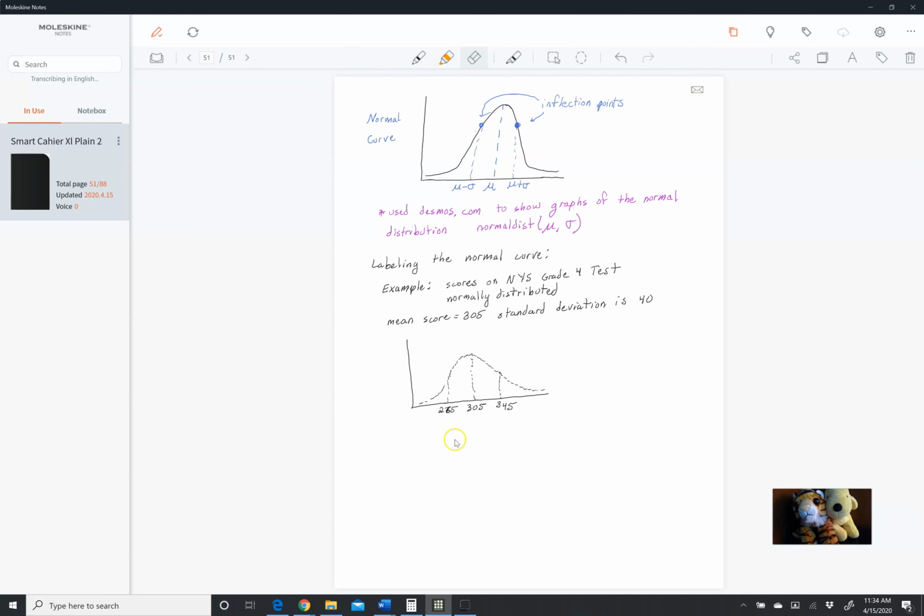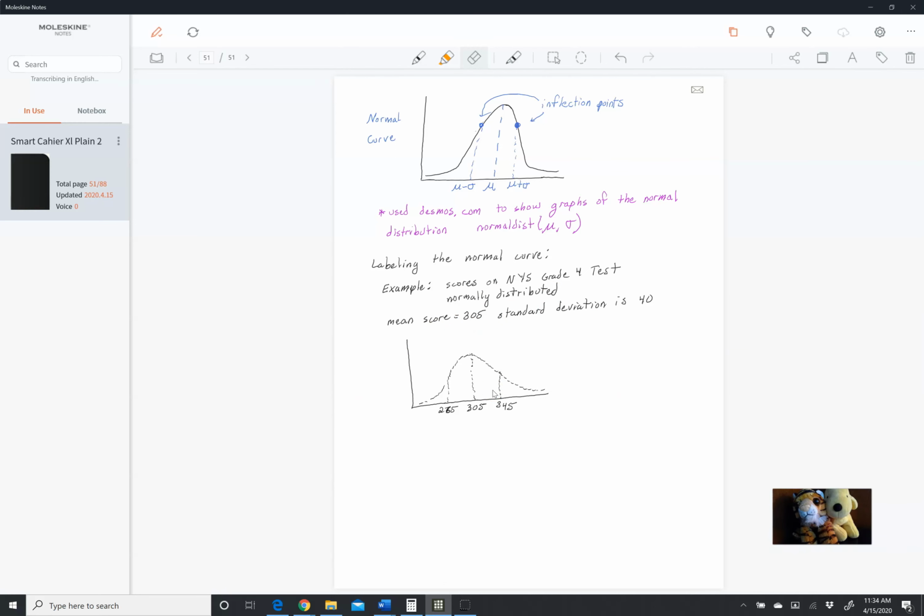So this would be one way to label our normal curve, where the center is the mean, and then we go whatever number is one standard deviation to the left, and whatever number is one standard deviation to the right. Now there's another way to label this. We don't have to label it like this.